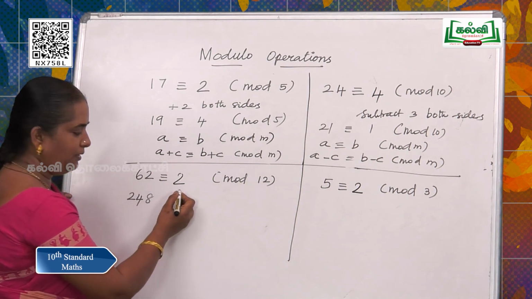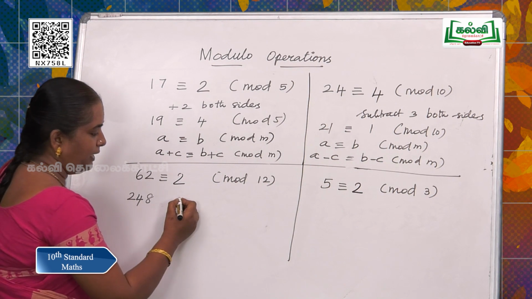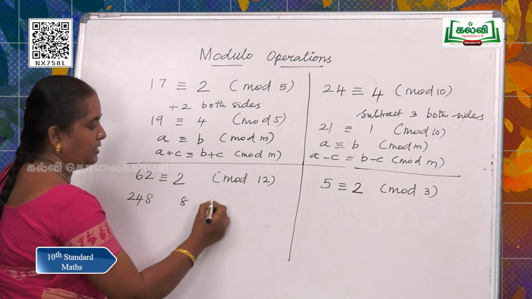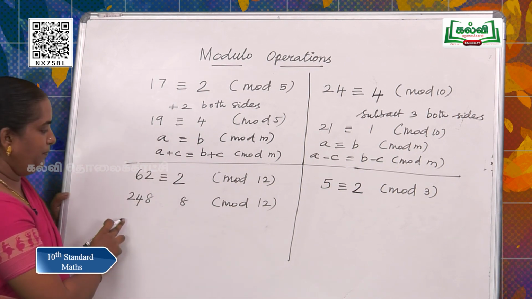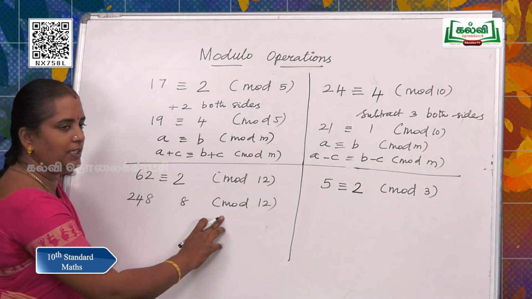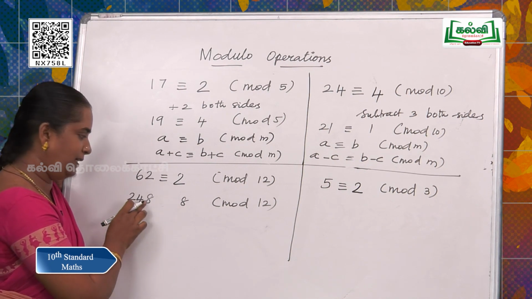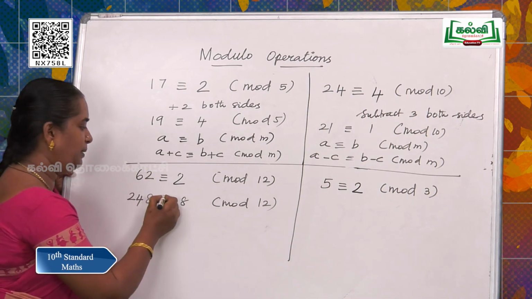We are multiplying with 4, so multiply 2 by 4, we get 8 mod 12. Is it true? We are going to check. While dividing 248 by 12, the remainder will be 8, 240 plus 8, so the remainder is 8.